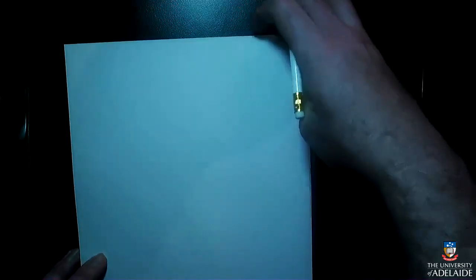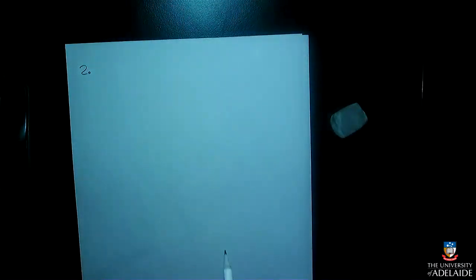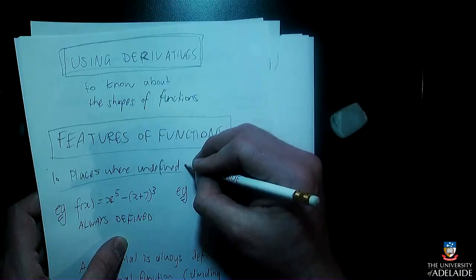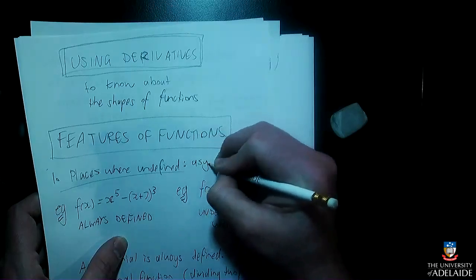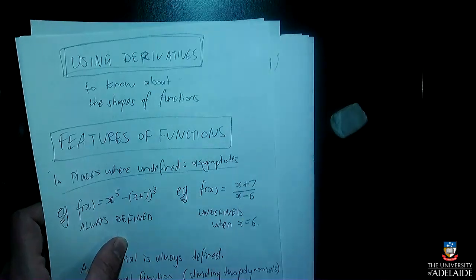Okay. Number 2. Let me just go back and add to this title here. Asymptotes. Okay. So number 2, we're going to have above and below the x-axis.